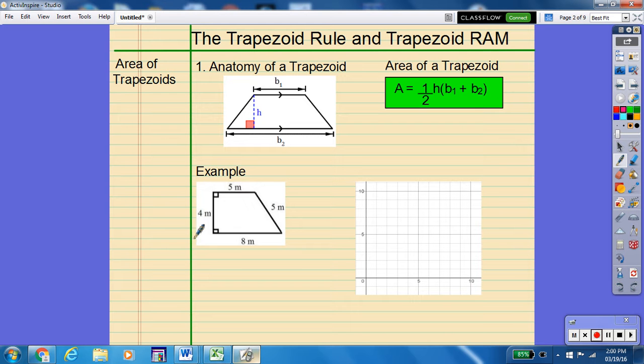So if we're working with the area formula, you would get that the area is 1/2 the height, in this case it's 4, times the sum of the bases, which is 5 plus 8, that's 13, and reducing this gives you a total of 26. Okay, and that's just finding the area of a trapezoid.